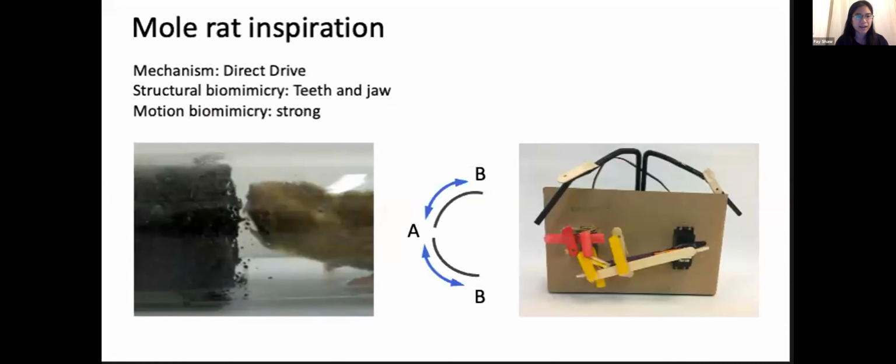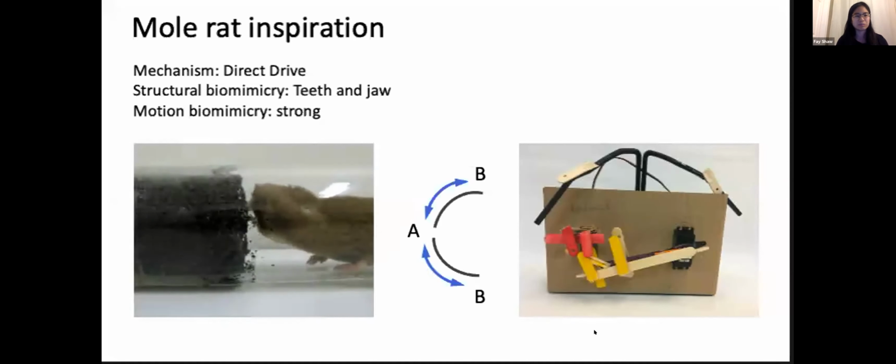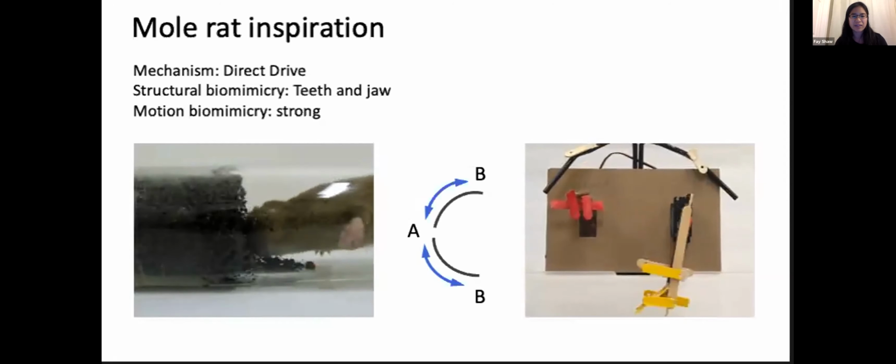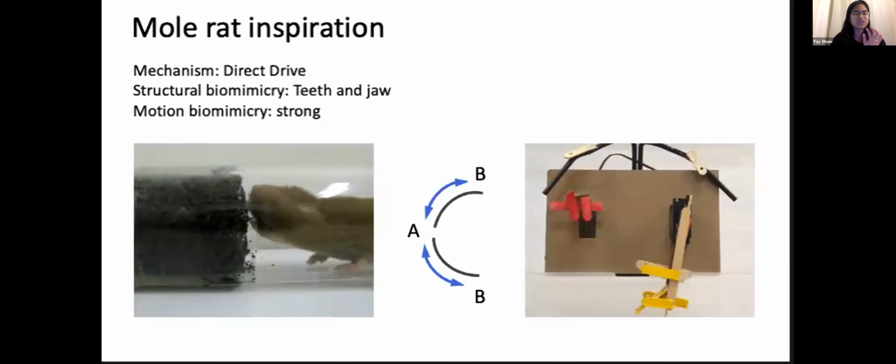So again, here's that mole rat, and it's going to chomp on that dirt with this open close motion. And this is the robot built with this inspiration. So if you see, the mole rat is coming up to the dirt and really using the mouth to move the dirt. And then on the right, we have the robot move its jaw up and down.